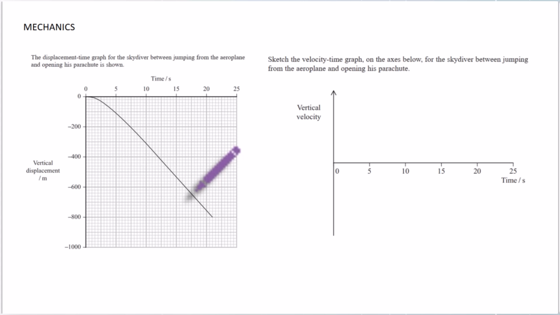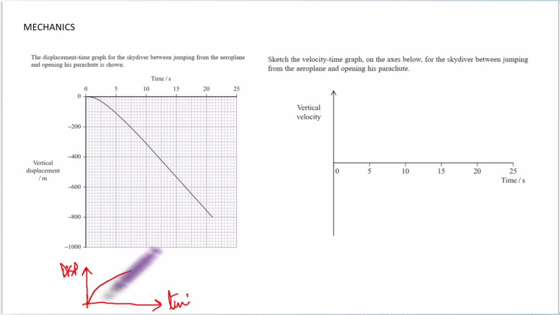Okay. And how do I put this? A simpler graph for this, which you already know, would have been like this. So this is displacement, time, like this, right?